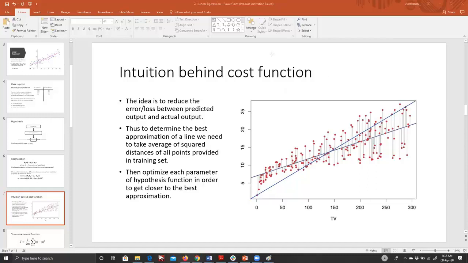I will draw different lines for you. Tell me which line is the best fit, or which looks like it would have the least error?